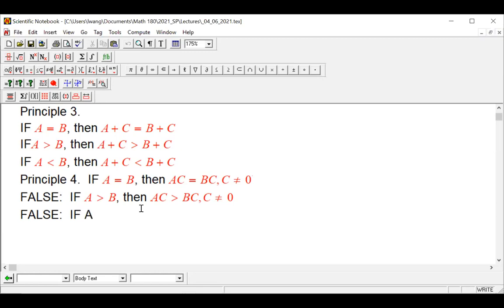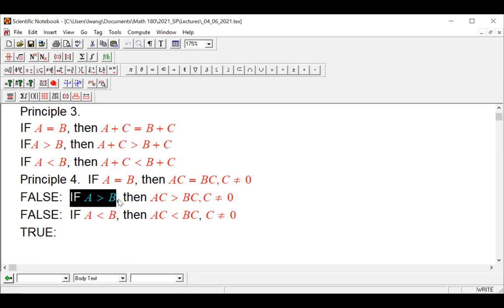Okay, A less than B, then AC less than BC, provided C is not 0. So these, okay, what is true? Okay, so let me list it. What is true?